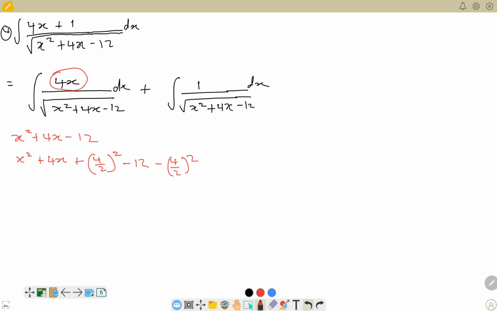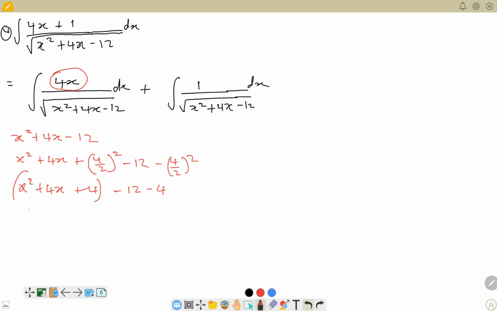Then from here, what are we having? We'll have x squared plus 4x. 4 divided by 2 is 2. 2 squared is 4. Then this side will have minus 12 minus 4 again, like we did all the time.